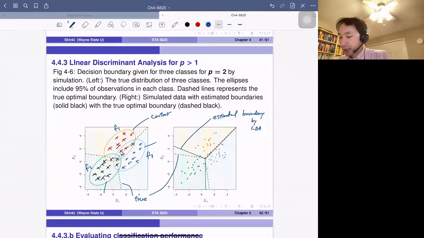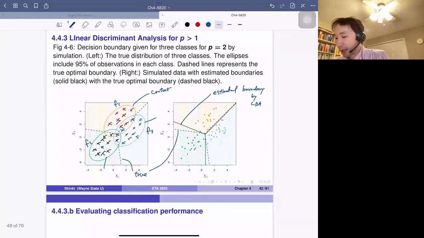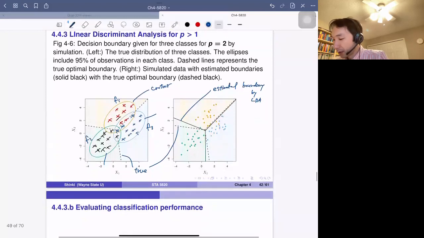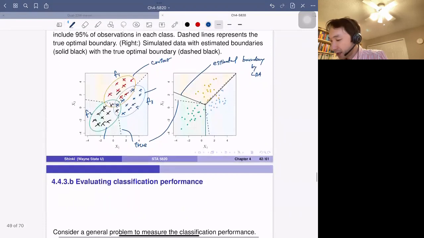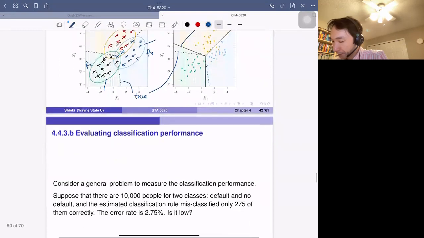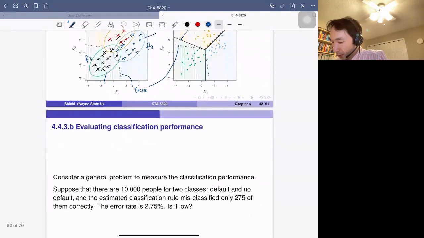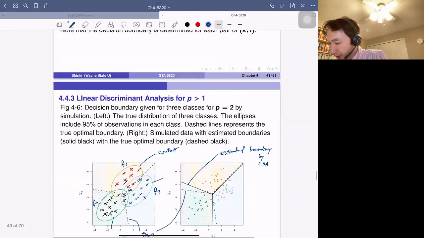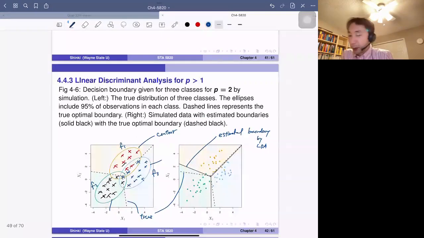But if the true boundary is not linear, of course, the estimation is more difficult. But we can see that with only about 60 observations, the estimated boundary is reasonably similar to the true boundary. Yeah. So this is how linear discriminant analysis works.